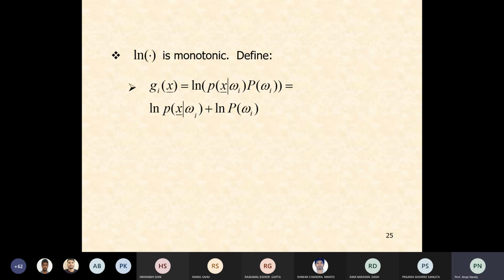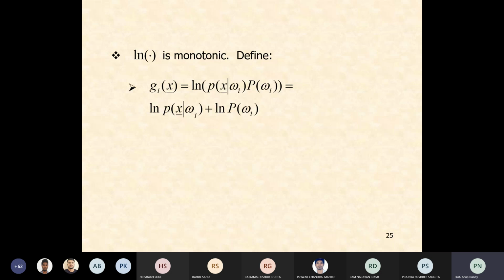So we'll have different cases: case 1, case 2, and case 3. Case 1 is when all the prior probabilities are equal, that is, P1 equals P2 equals Pc equals 1 by C, and your variance covariance matrices are also equal, and also an identity matrix, and the distribution is a normal distribution.